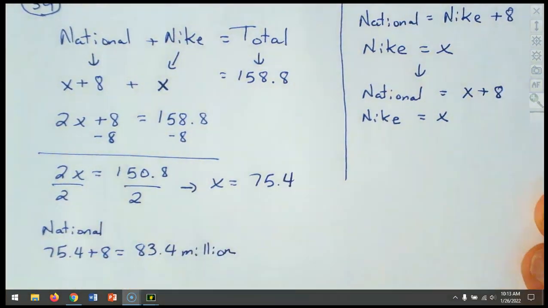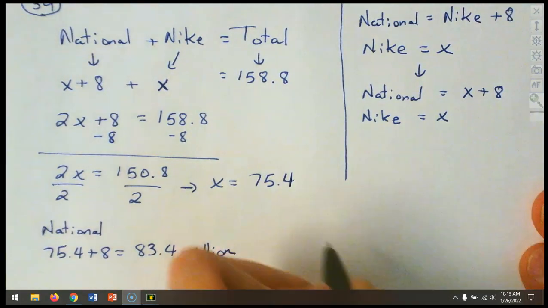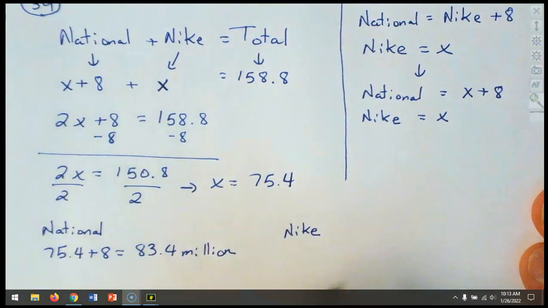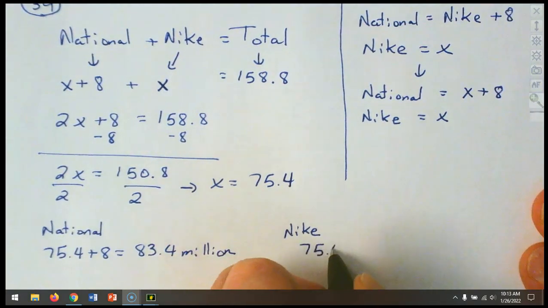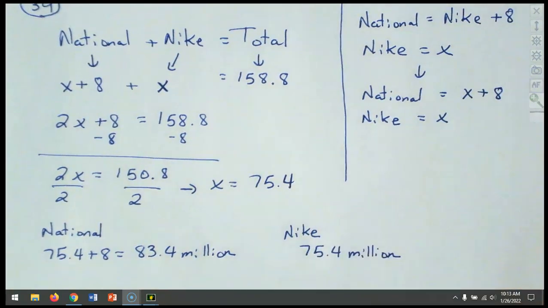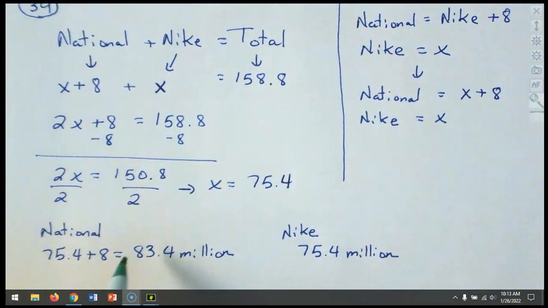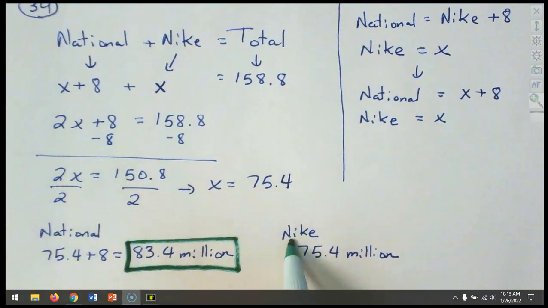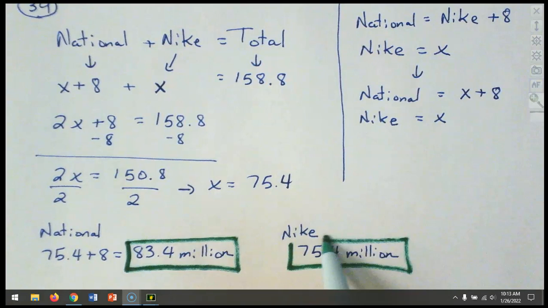And we'll put the units of measure on now. And then what about Nike? Nike was just x, so that's easy. Nike just has 75.4 million. Easy enough. We've got them. We've got the label. And we answered the question completely.